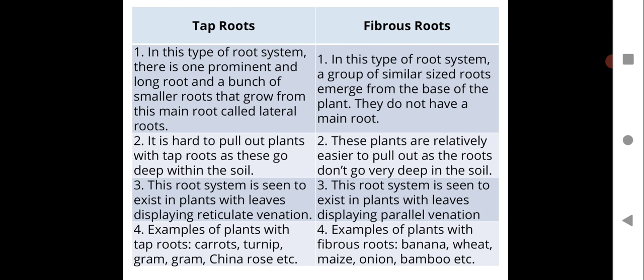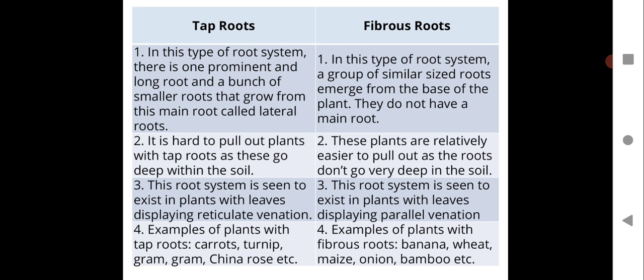How can you find out if a plant has reticulate venation? With the help of reticulate venation, you can easily identify without looking at the root that this plant will have a taproot. So you see the leaf: if it has reticulate venation, then it is a taproot, and if it has parallel venation, then it is a fibrous root.